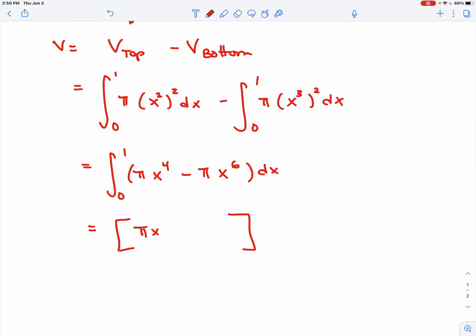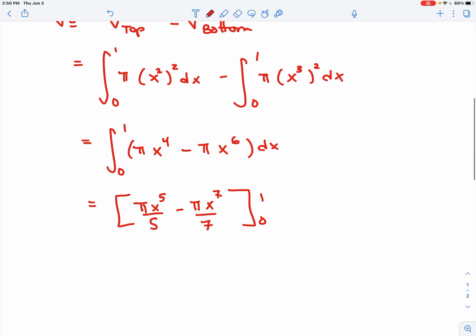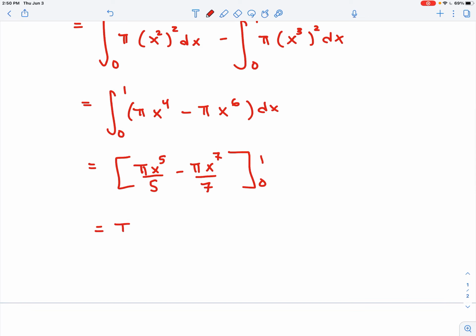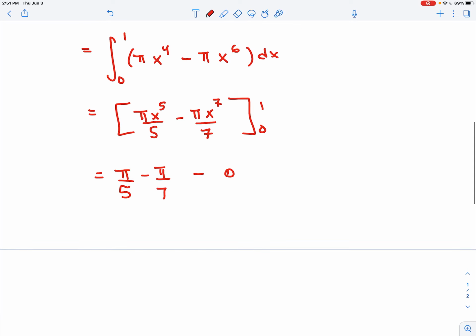We get pi x to the 5 over 5 minus pi x to the 7 over 7 from 0 to 1. I put a 1 in, I get pi over 5 minus pi over 7. I put a 0 in, and that just gives me 0. Okay, and then if I get a common denominator, I get 7 pi over 35 minus 5 pi over 35, which gives me 2 pi over 35 units cubed.